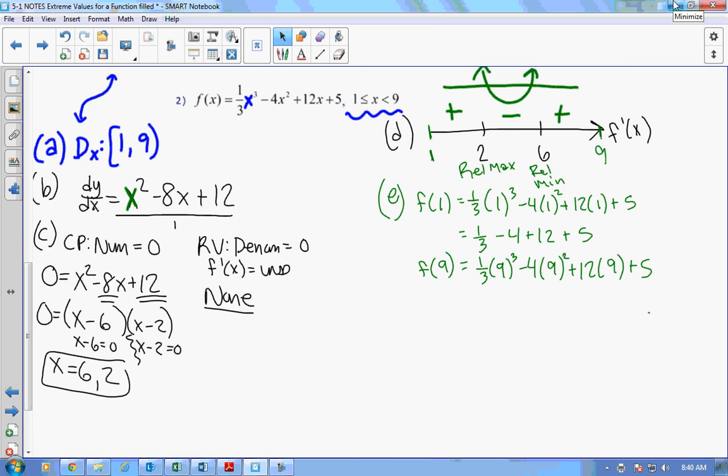So, what did you get for f of 1? Still working on it? Maybe we'll grab this off the printer really quick. Okay, f of 1 and f of 9, and decide what's your relative max, your relative min, your absolute max, your absolute min.